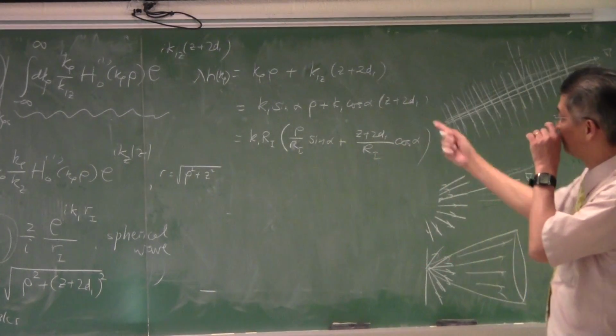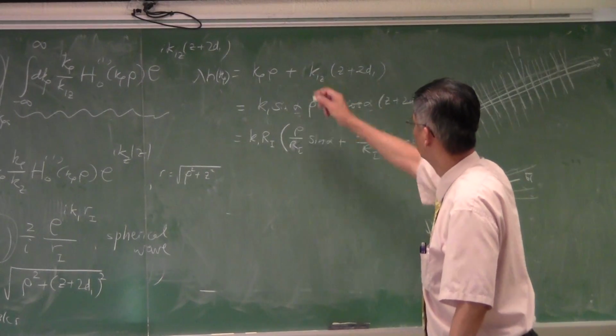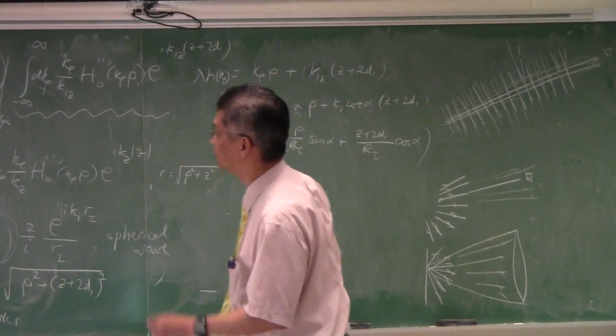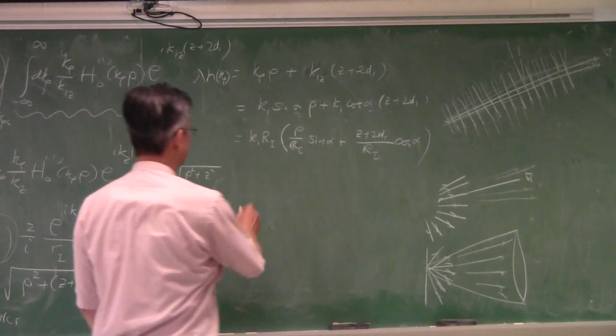I can rewrite my h of k rho in this manner. I change the variable to alpha instead of rho. And then rho over ri, if you look at the picture, is just sine theta I, right?